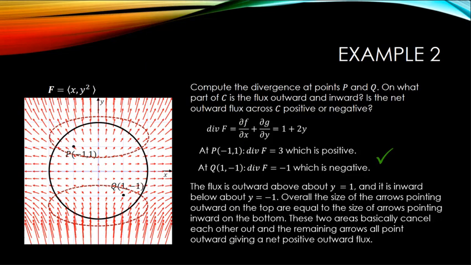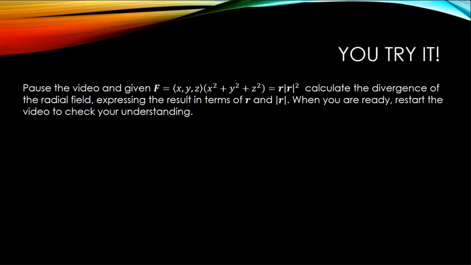This means that these areas of vectors essentially cancel each other out in these two regions of C. So what I need to do is look at the remaining vectors left in my region that aren't being canceled. In the remaining arrows, all of these arrows are pointing outward, giving me a net positive outward flux in my region C. So now you get to try it.